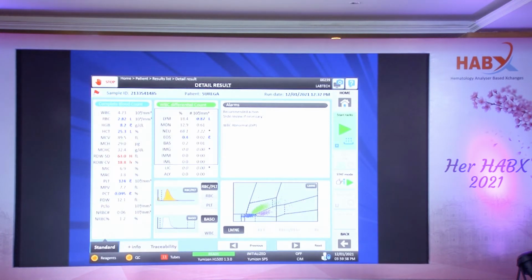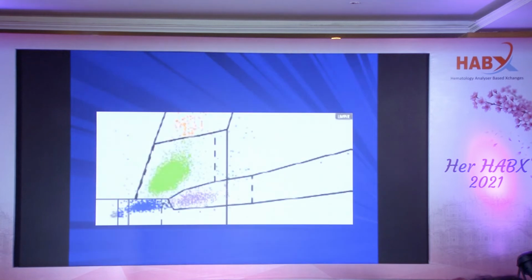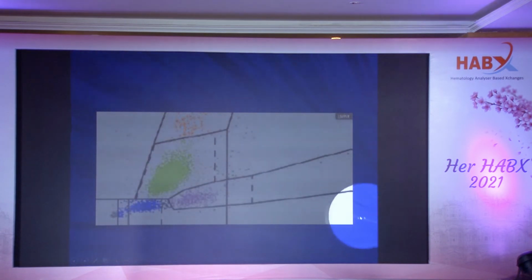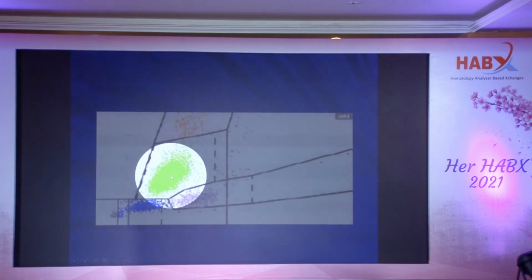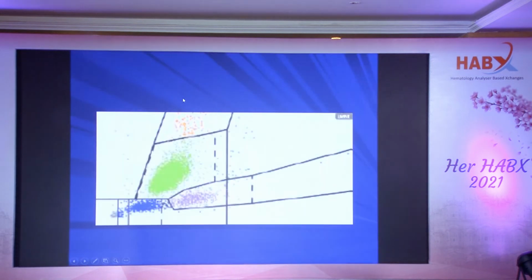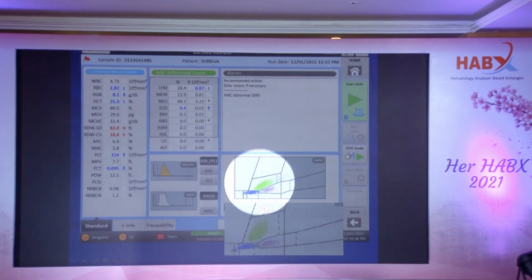To understand this, let's look at normal. This is the morphology of the patient. In the normal neutrophil parameter, you can see that this is lymphocyte, this is basically monocyte. Along the x-axis, you got size, along the y-axis, you got light loss. This is neutrophil, and that is more of scatter, and then eosinophils. Now compare this fellow with this fellow.